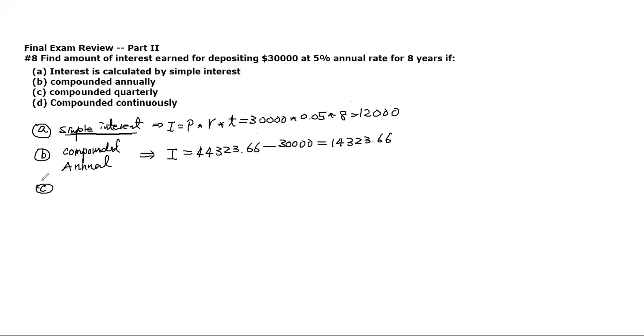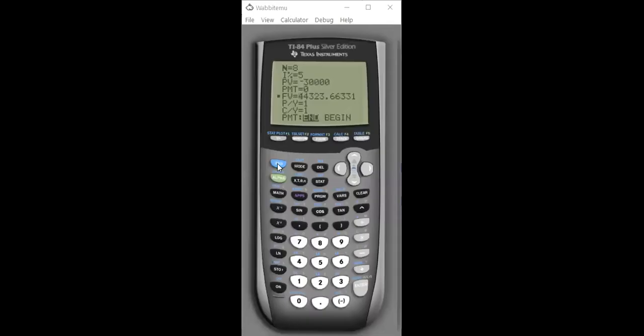So now let's take a look. How about if my interest is calculated quarterly? I'm going to switch back to my calculator again. So I'm leaving the whiteboard. Okay, so let's quit here, then clear.